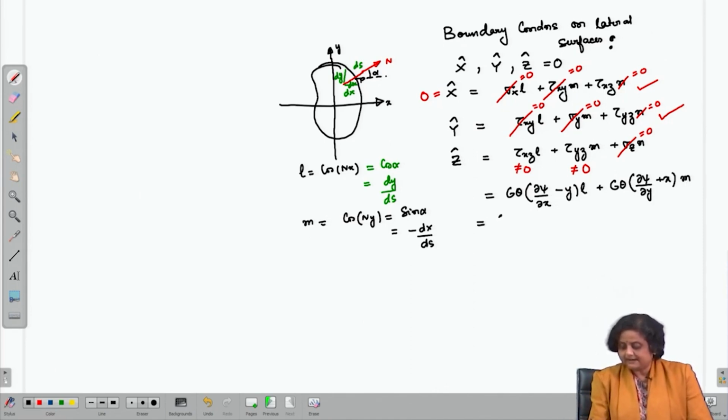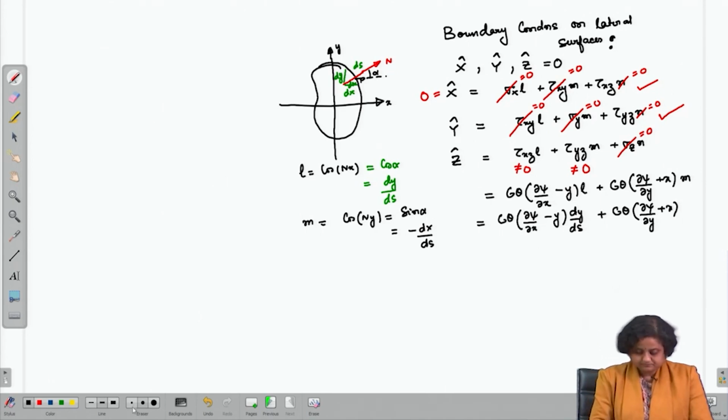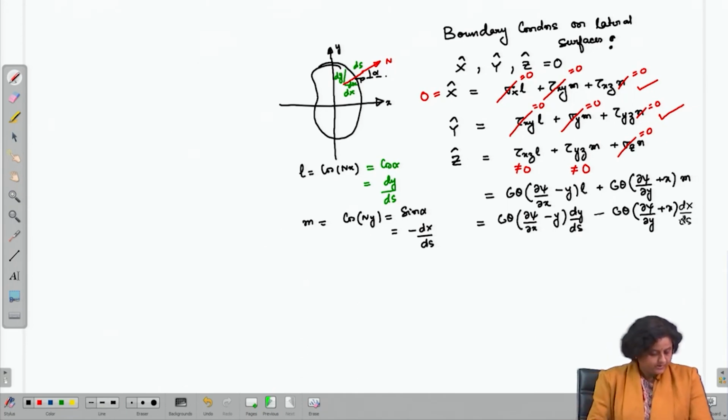Now, in place of l and m, I can write this as, but z is equal to 0 on the lateral surface.